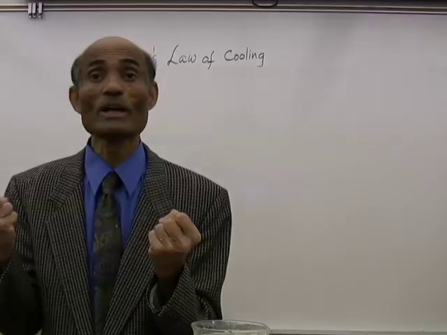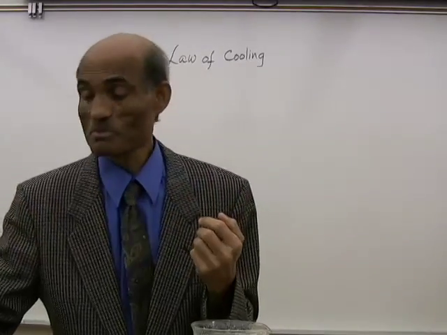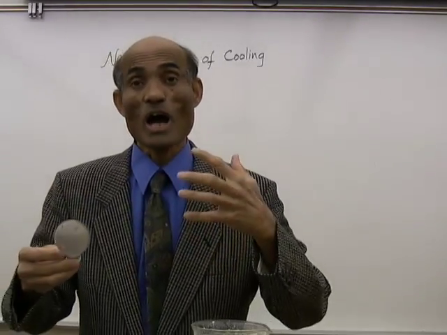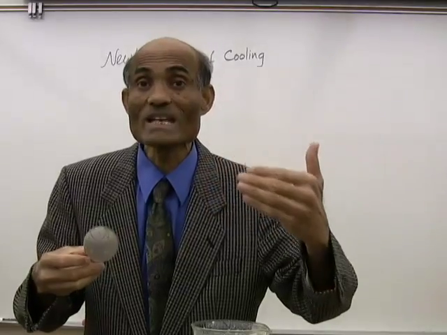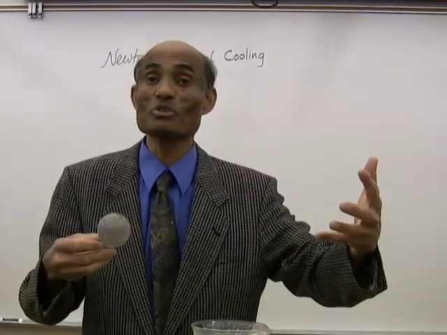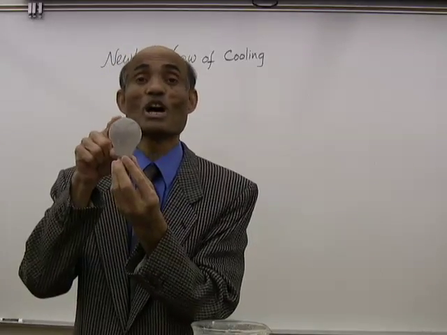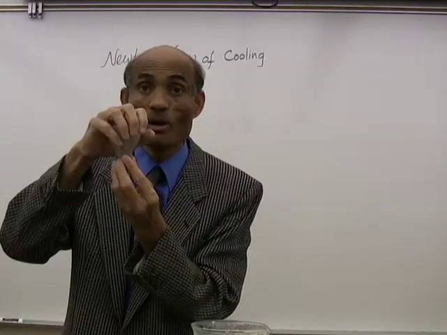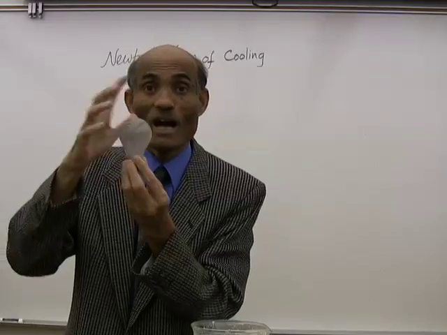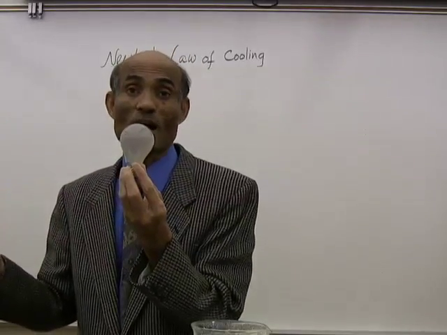Newton's law of cooling gives us a specific statement on the rate at which a hot object loses heat. In other words, when you turn off this light, this bulb will be very hot, and with time it cools down.